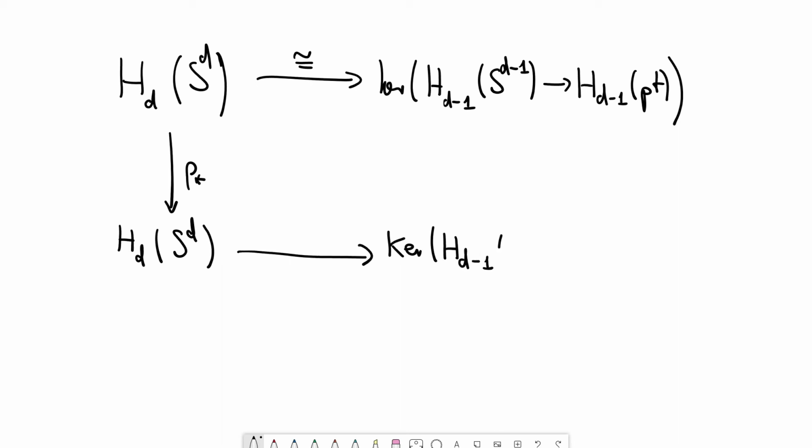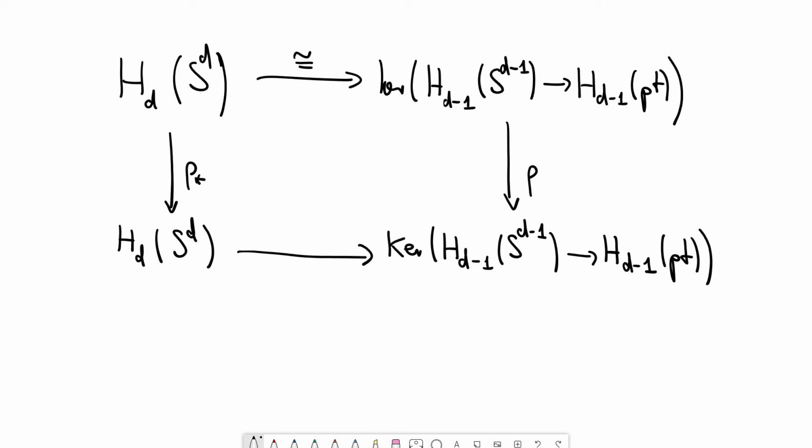And here we also have somehow the restriction of this map to the equator, and we want to use the induction hypothesis, which should tell us that here we have multiplication with -1, and then we conclude that also here is multiplication with -1. And now, because the two horizontal maps are really the same maps, everything would be fine.